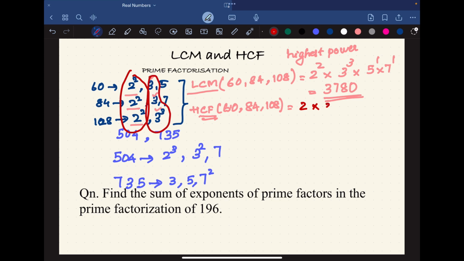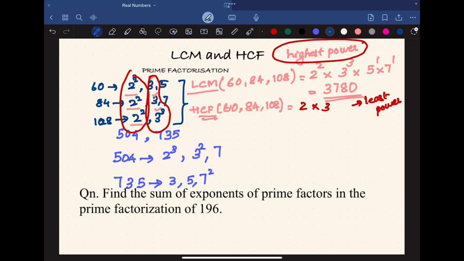Okay, I'm writing 3 also, and we have to check for the least power. For HCF, we will look for the least power. For LCM, what we will look for? Highest power. That is the difference between these two.